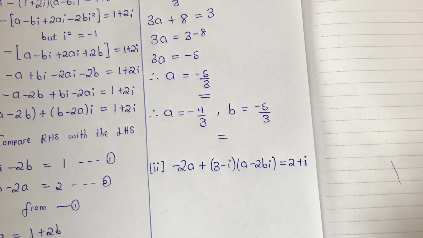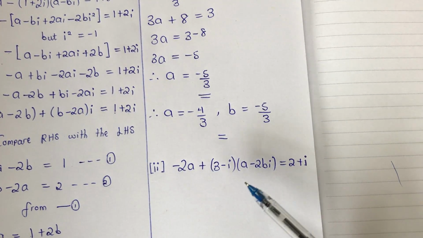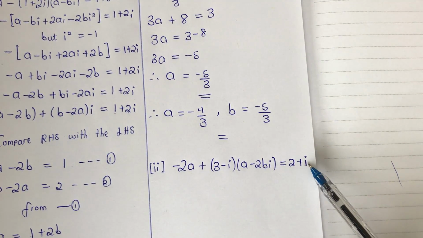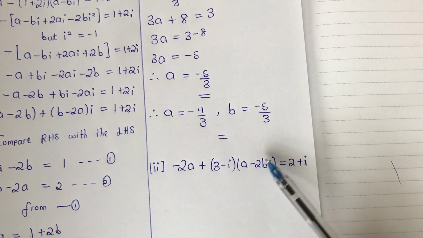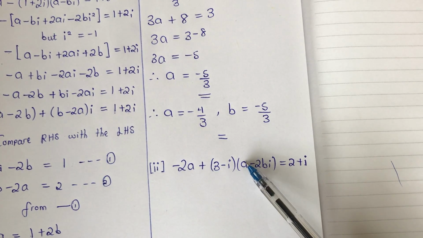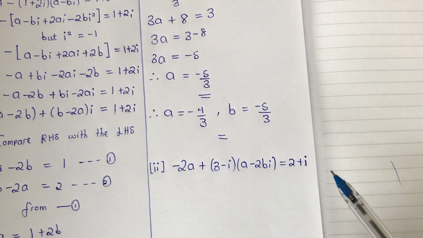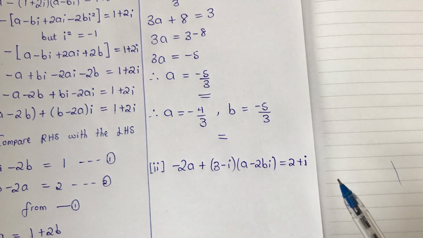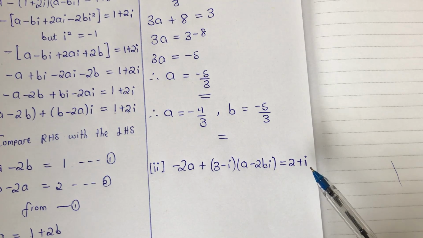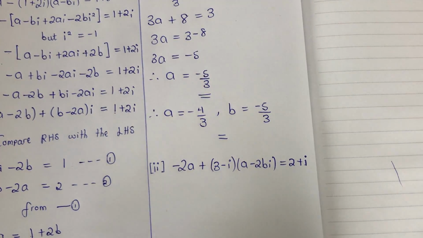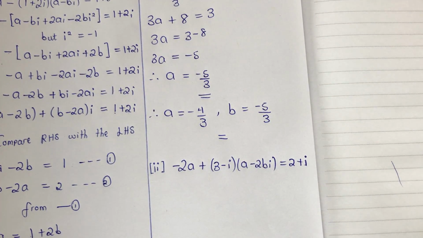So when you are comparing the coefficients on the left hand side and the right hand side, the complex part of the left hand side will be equal to 1, since the coefficient in front of this i is 1. So solve this one, pause this video, go over this one on your own. Just follow the same procedure I did and find the value of a and b.